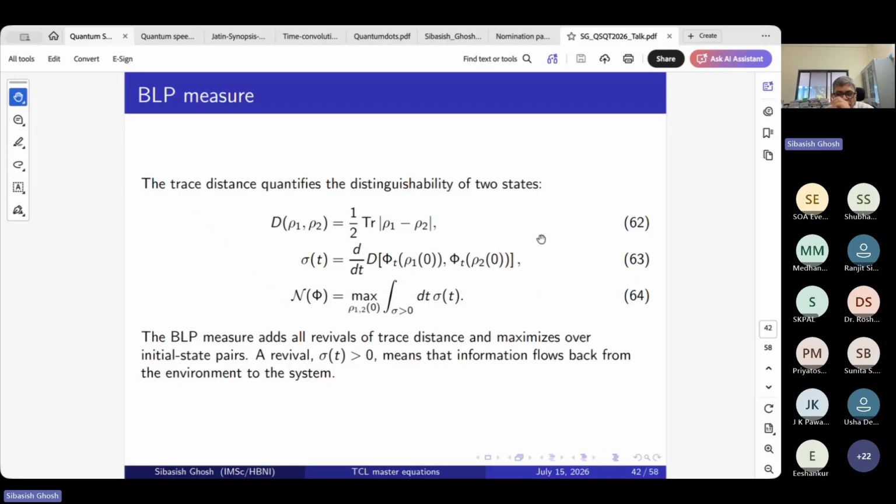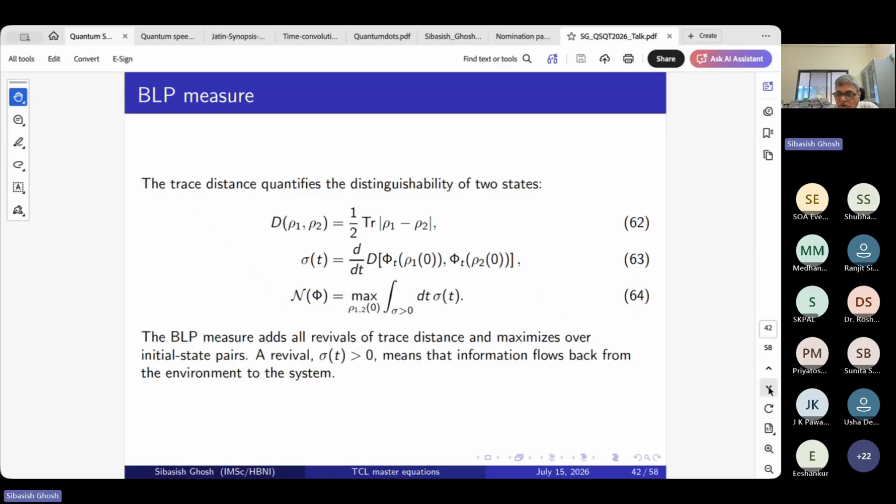Under Markovian dynamics, the distance will gradually decrease, so the time derivative will always be negative. But for non-Markovian dynamics, it can increase, decrease, increase, decrease, etc., and that will give rise to these revivals of the distance. So the revival, which means the non-Markovian feature, means that sigma of t, the derivative of the distance, should be positive at some point.